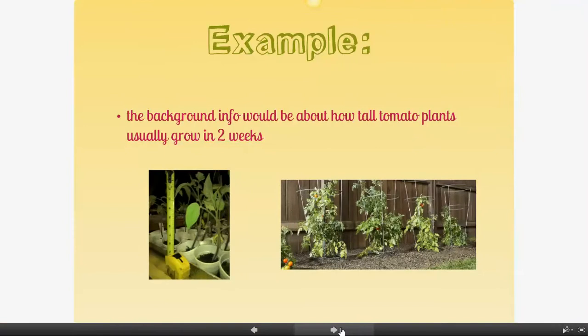Our background information would be about how tall tomato plants usually grow in 2 weeks. We can use findings of scientists from the past in other experiments to get some information about the experiment that we're going to do.